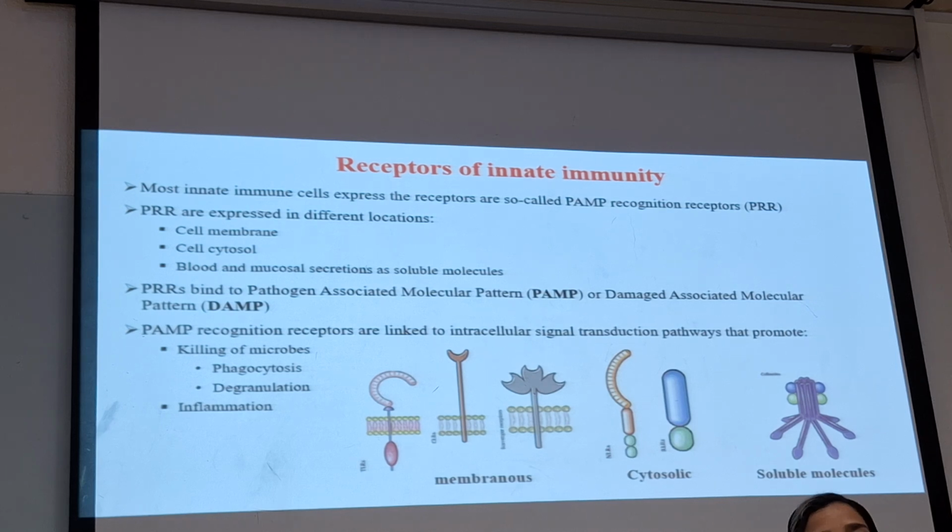Some of them are soluble molecules, like pentraxin, like collectin, like ficolin. Each of them has different subtypes. For example, we have 10 subtypes of TLR receptors in our body, TLR1 to TLR10, and each of them has a specific location and specific roles in our body.